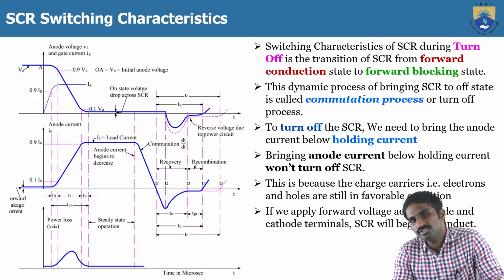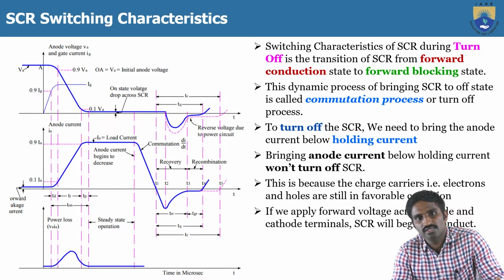And what are the conditions to turn off the thyristor? One is we must apply some amount of reverse biased voltage across the thyristor, as well as bring the anode current below the holding current. Then only the thyristor will get turned off. If any one of the conditions is not satisfied, the thyristor won't be turned off.